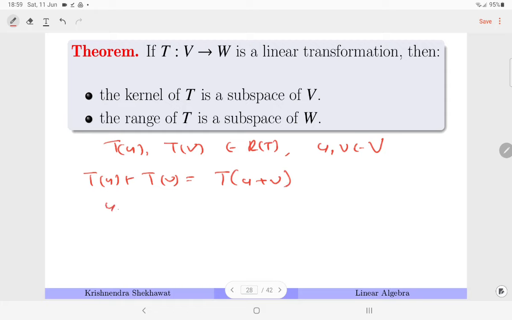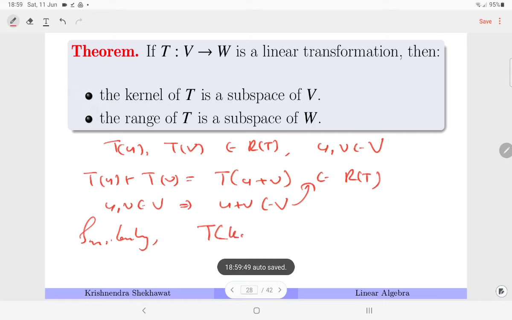Now u, v belong to capital V implies u plus v belongs to capital V. This implies that T of u plus v belongs to range of T. Similarly, try to show that T of ku, which is k times Tu, belongs to range T. So in this case, range T is a subspace of W.